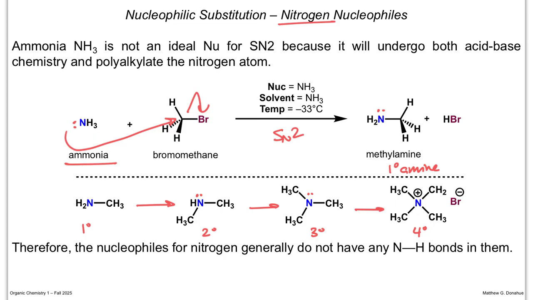That's part of why this is an issue. And as soon as that lone pair is consumed in the SN2, it can't regenerate another one through losing a hydrogen.